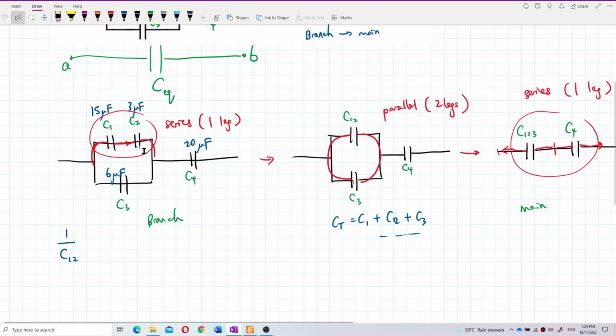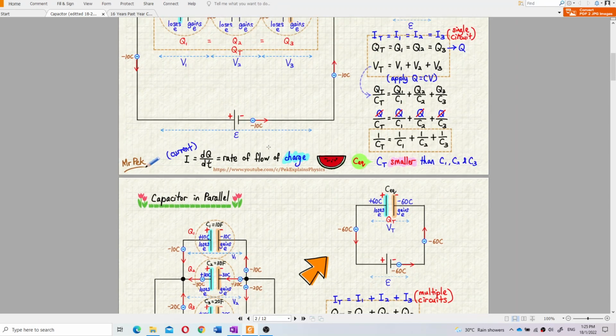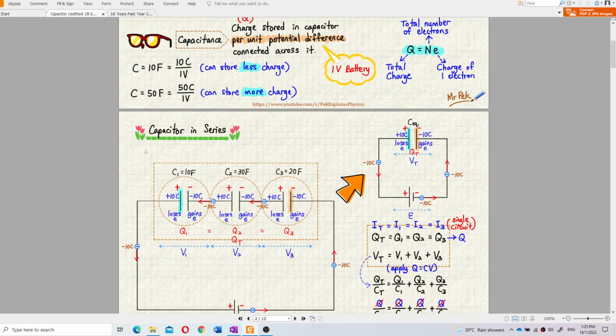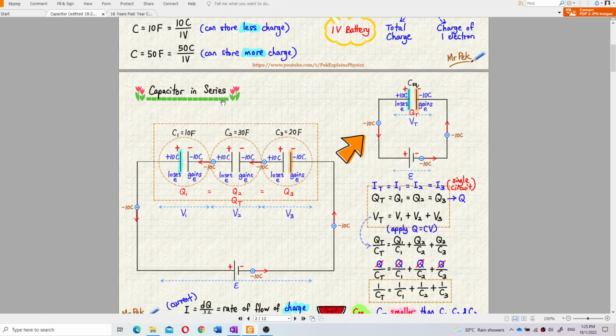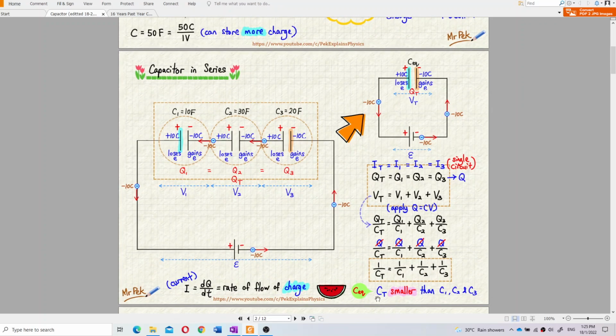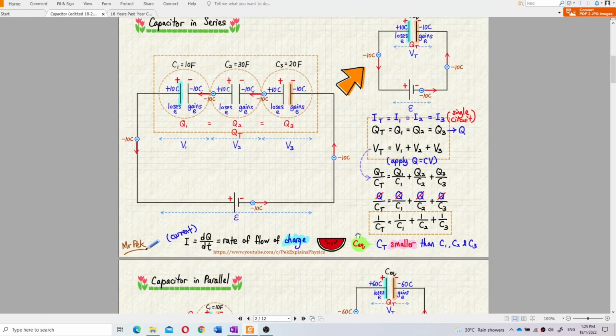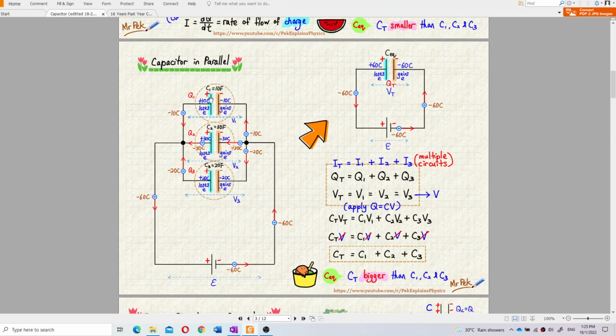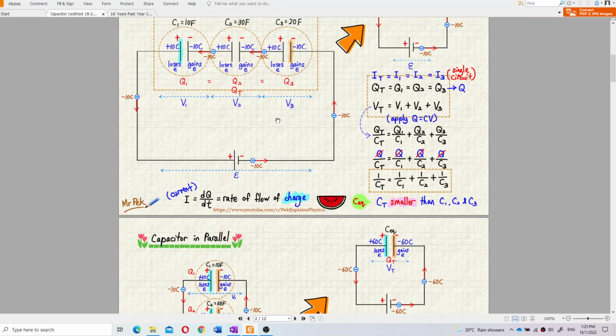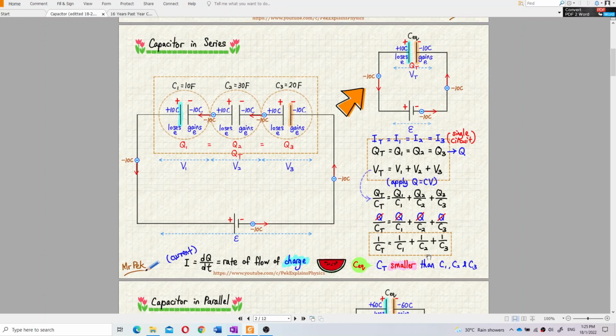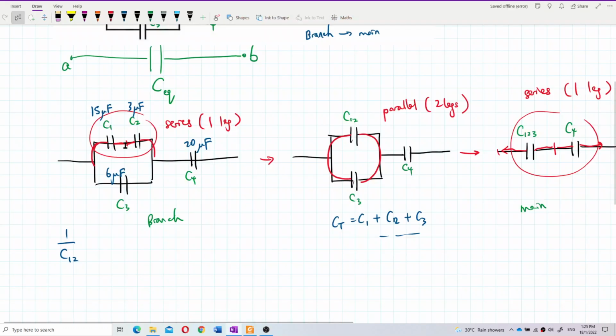Remember, for capacitors in series, the capacitance becomes smaller. Only capacitors in parallel make the capacitance bigger. So 1 over C12 is 1 over C1 plus 1 over C2.